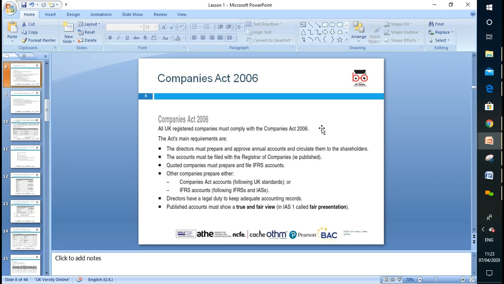The Companies Act 2006 regulates companies in the UK, and a company needs to be registered.